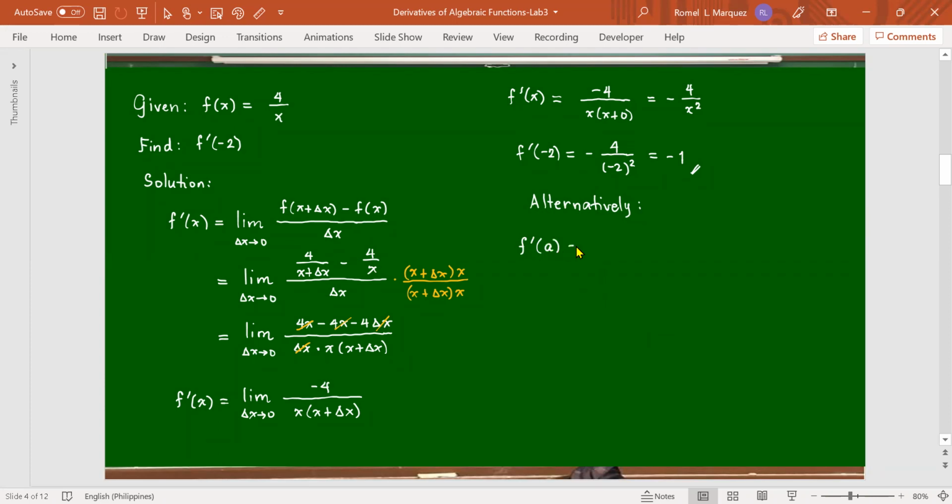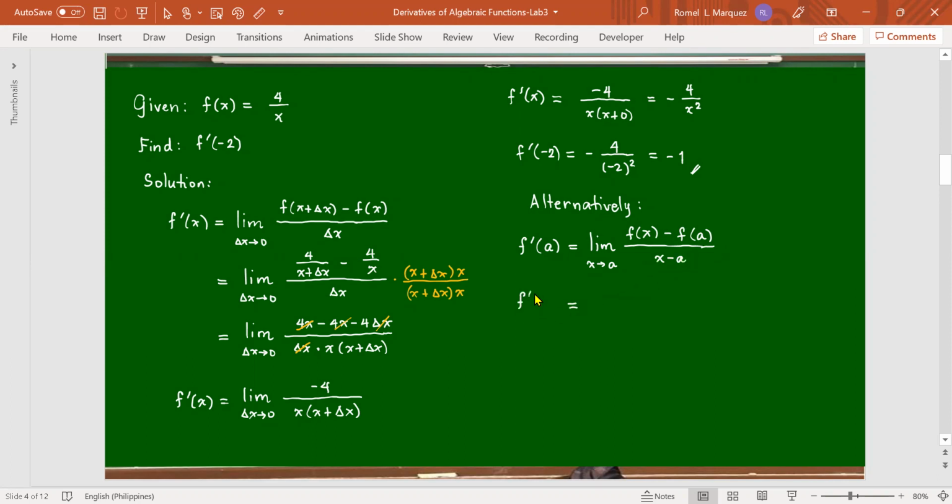I'm using a instead of x sub 0 or x sub 1. If you have a particular value of x, we have the limit as x approaches a of f of x minus f of a. Do you have this formula, guys? The denominator is x minus a.